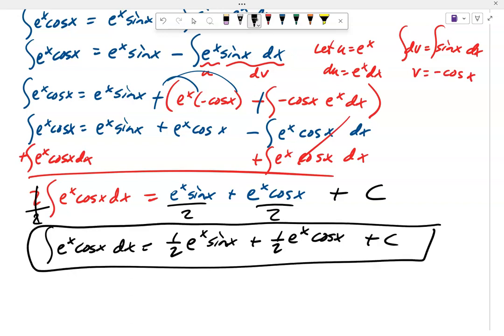And no, you could have let u be cosine and dv be e to the x dx and gotten there as well.